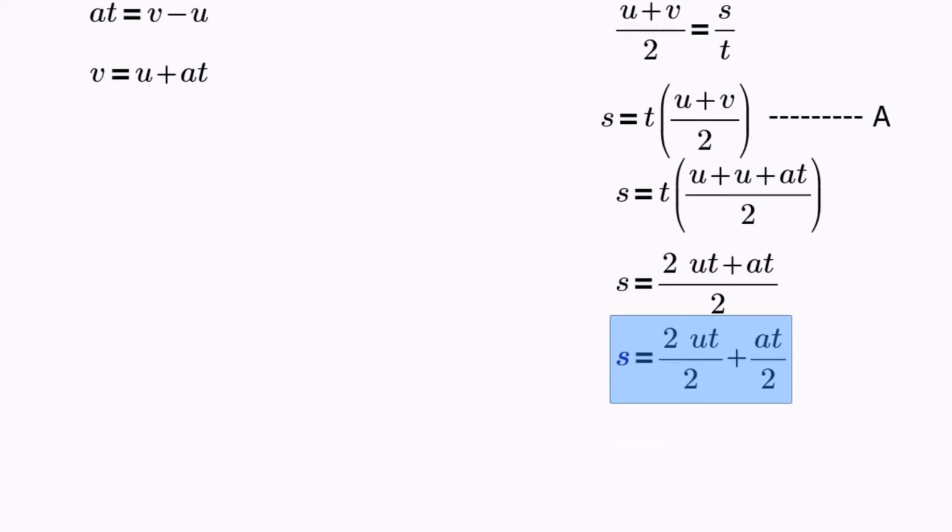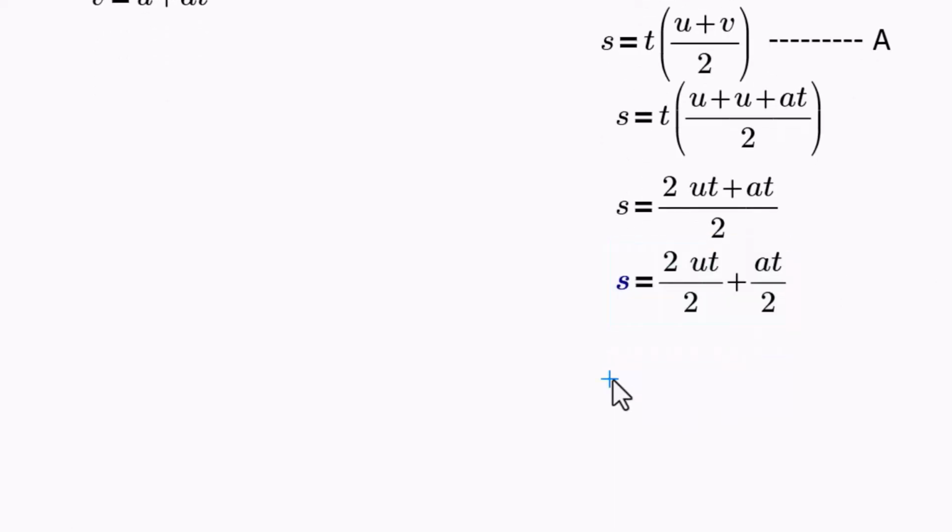So that 2 cancels 2 here, remaining UT, which is the same thing as S equals UT plus 1 over 2 AT squared.